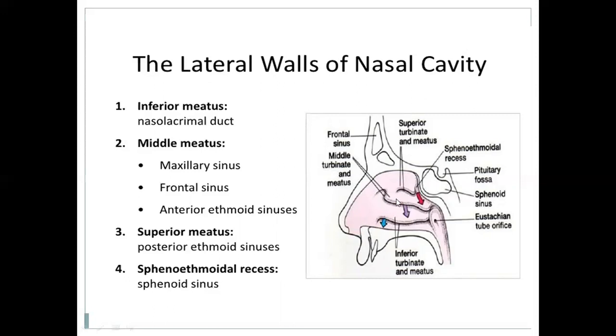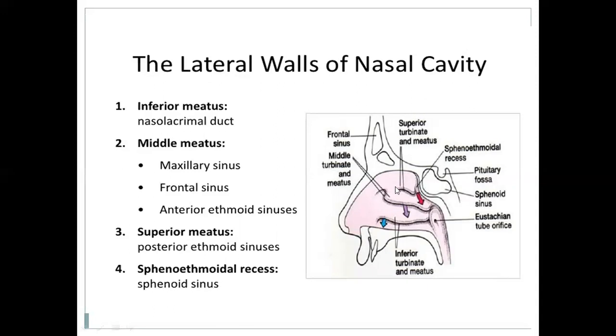The bulla ethmoidalis, which is part of the middle meatus, receives the opening of the middle ethmoidal air cells, and the superior meatus receives the opening of the posterior ethmoidal air cells.